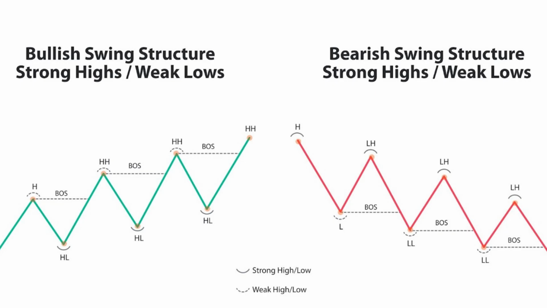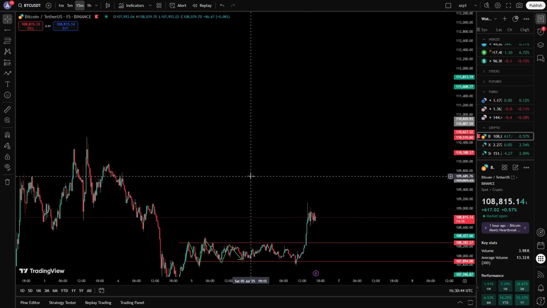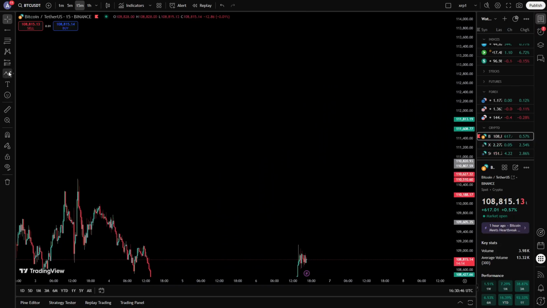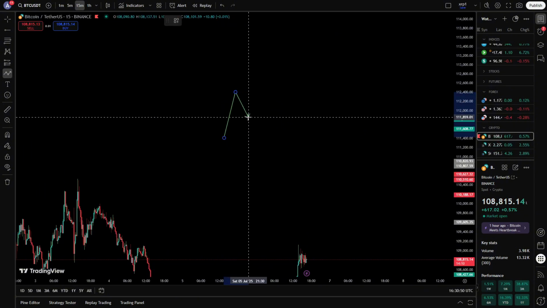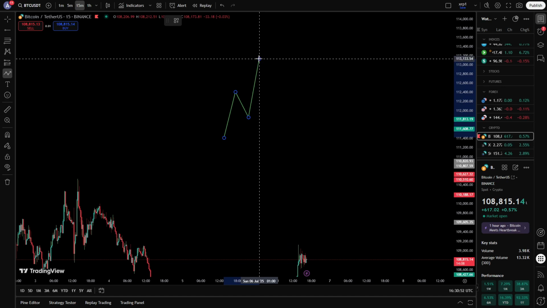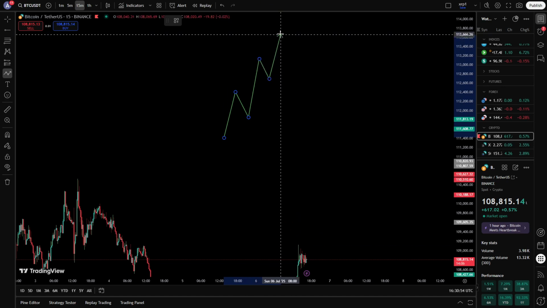A break of structure, or BOS, happens when price breaks the most recent swing high or low in the direction of the trend. For example, here in the chart, with my amazing drawing, we have an uptrend, which makes higher highs, higher lows, higher highs, higher lows.